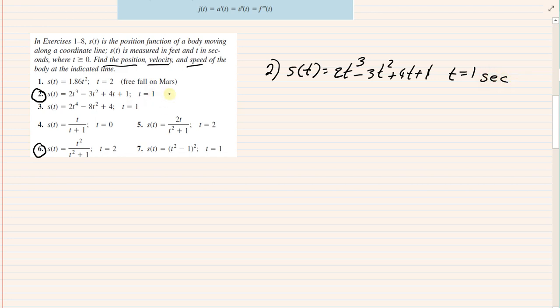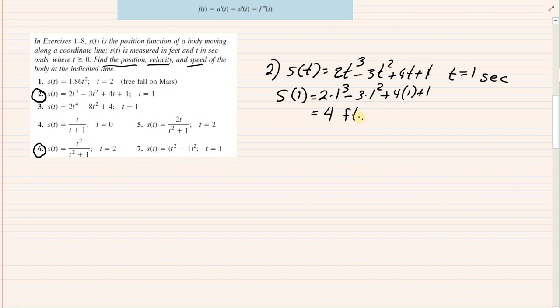So s(1), you just plug in a 1 for t. That's going to be 2 times 1 cubed, minus 3 times 1 squared, plus 4 times 1 plus 1. And that gives me 2 minus 3 plus 4 plus 1, and all of that would be 4.